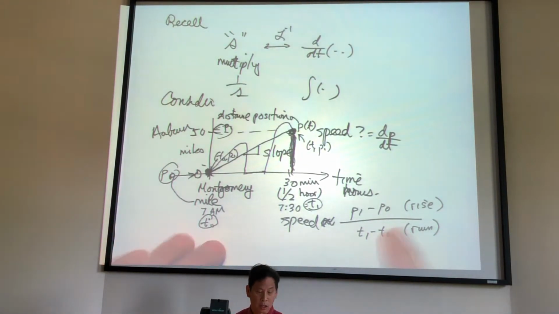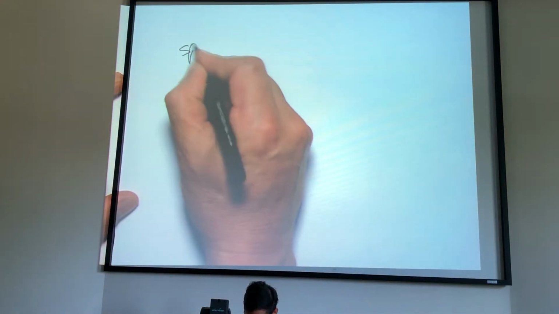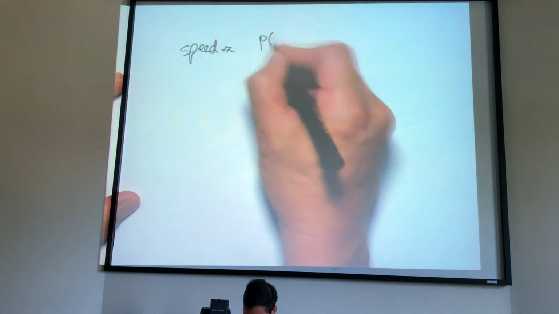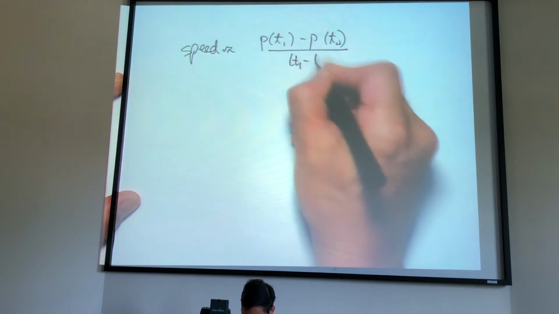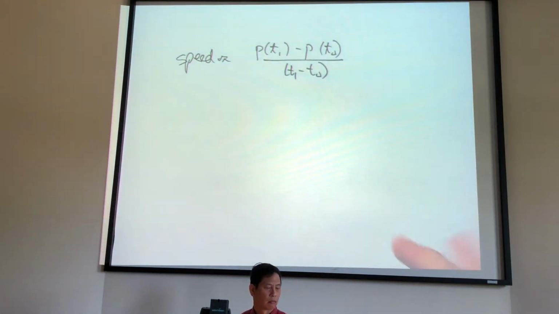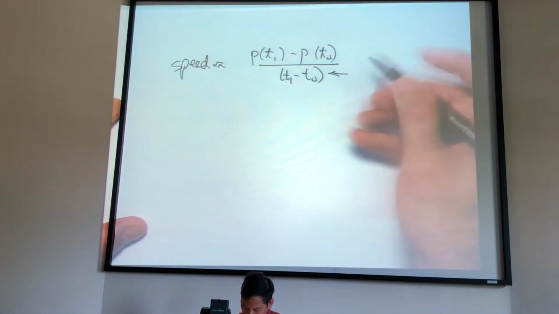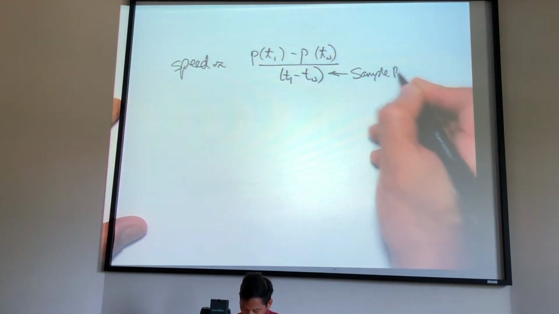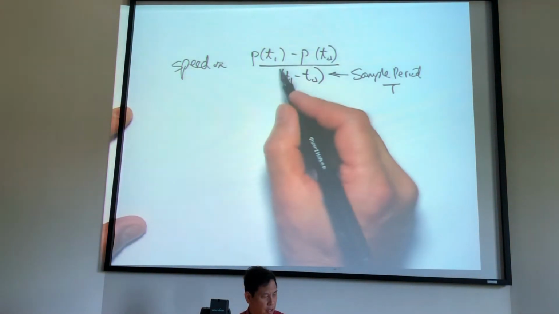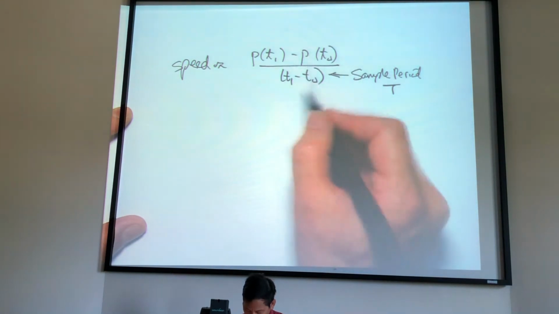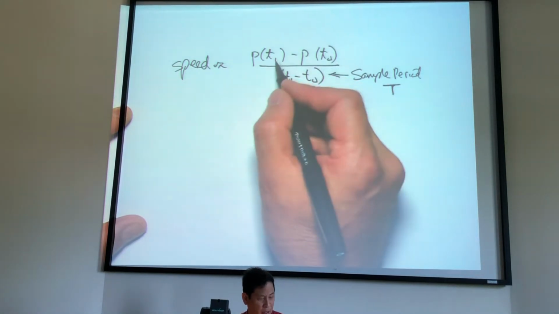Now, let's take a look at how we can describe this. Speed is approximately p at t1 minus p at t0, divided by t1 minus t0. So I could say that this is my sample period, T. If the sample period is T, I'm sampling it now, and then I don't sample again until one sample later.